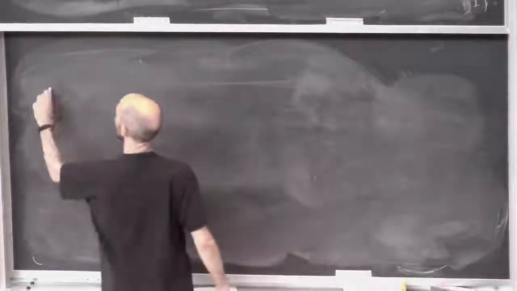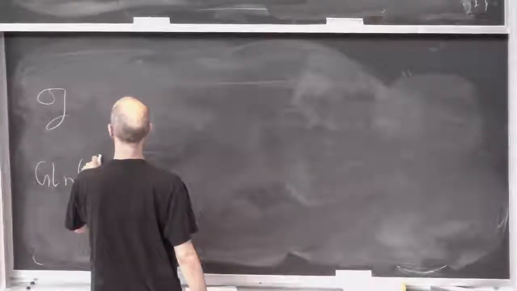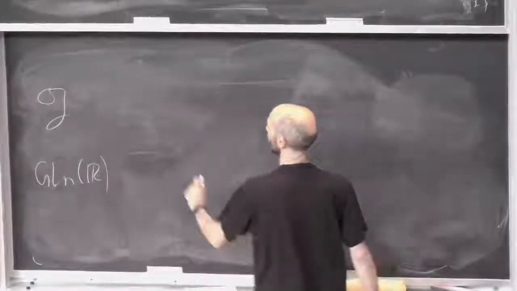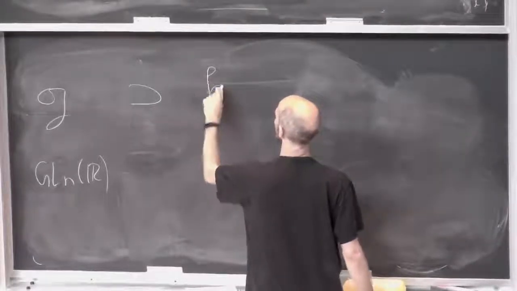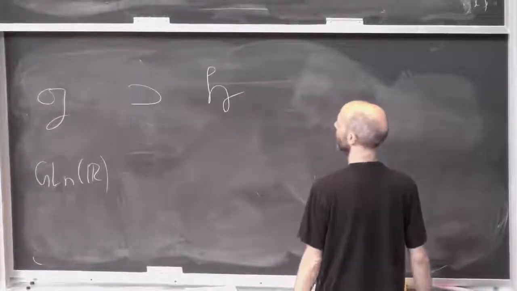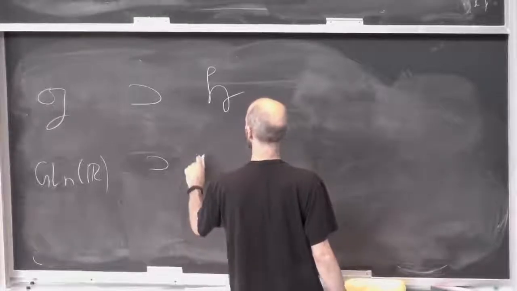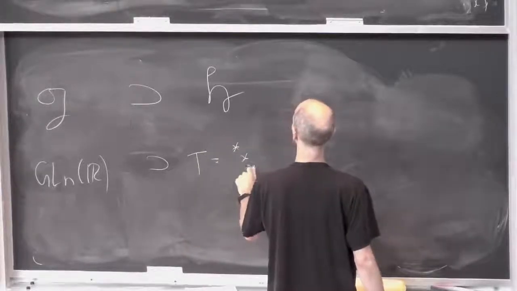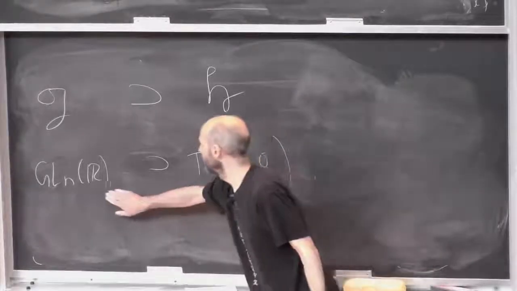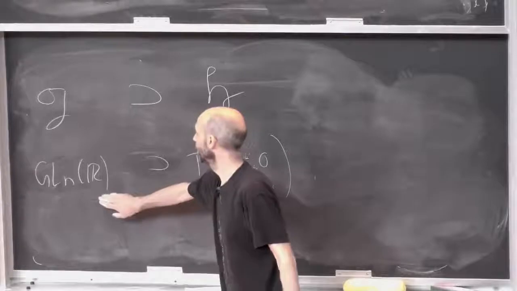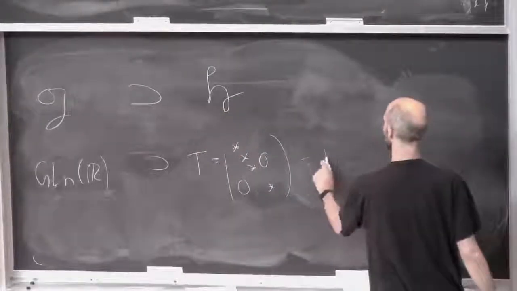So G is this random Lie algebra that's maybe attached to GLN of R or whatever. And G will contain some Cartan subalgebra, which I think is often called some kind of curly form of H, which is the torus. GLN of R, complicated n by n matrices, contains a subgroup of diagonal matrices.